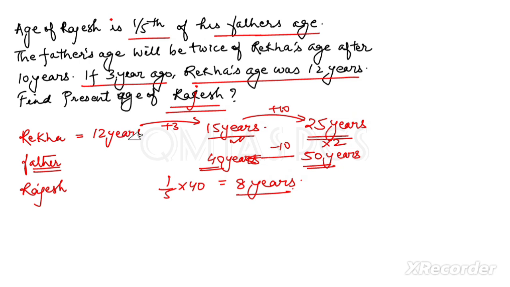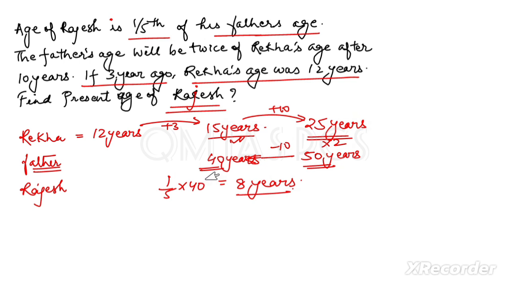Based on that, whatever linked data is given, like father's age is linked with Rekha's age, and Rajesh's age is linked with father's age. So when we understood Rekha's age, we found the age of father, and based on that we found the age of Rajesh. This type of approach should be adopted.